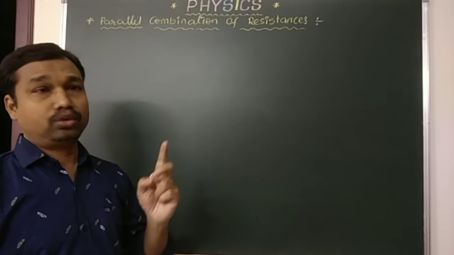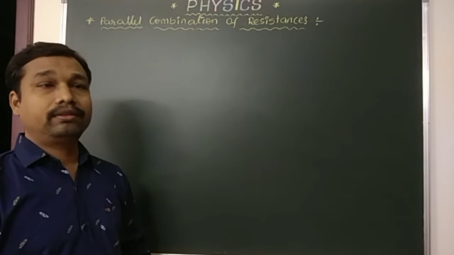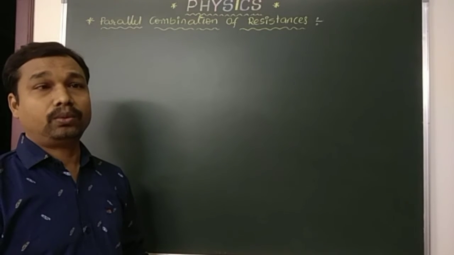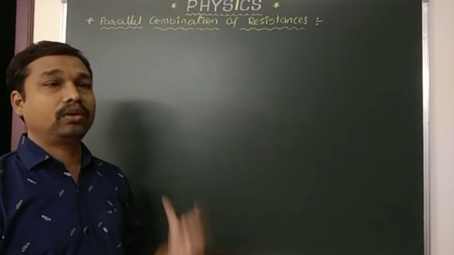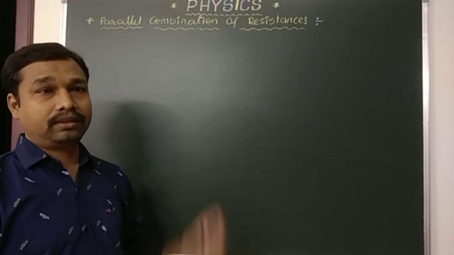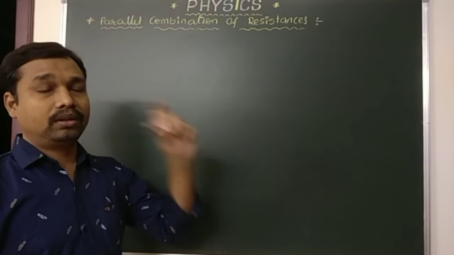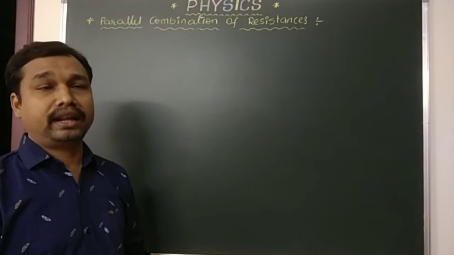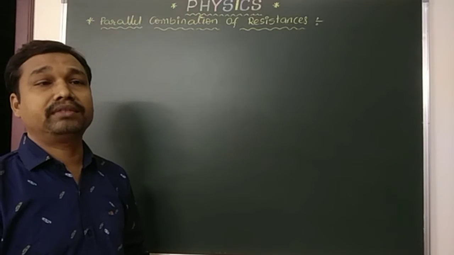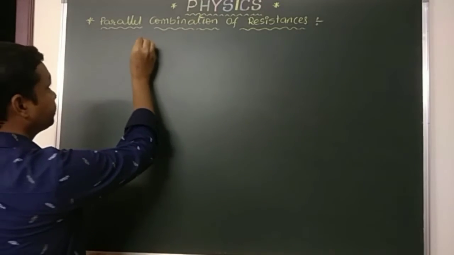There is no positive or negative, but there are 2 terminals. All the first terminals are connected at one common point, and all the second terminals are connected at another common point. Such a combination we call a parallel combination.